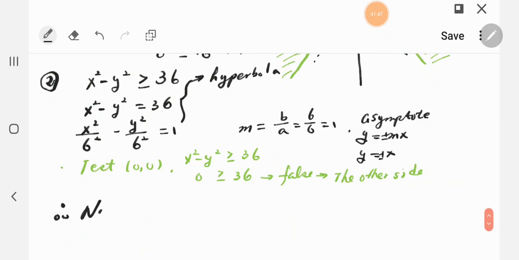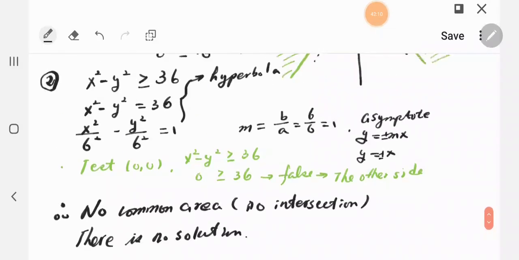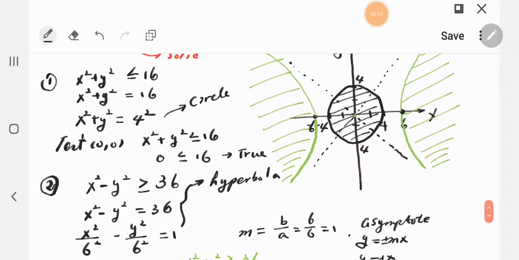This means there's no intersection. So the system has no solution because there's no common area.